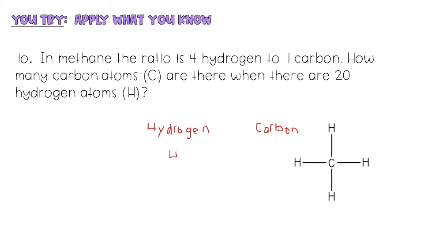When I have 4 hydrogen, I have 1 carbon. So if now I have 20 hydrogen, well, what we are doing is we are multiplying my hydrogen by 5. So to figure out the amount of carbon, I'm going to do the same thing to the other side. So if I have 20 hydrogen, that means I have 5 carbon atoms.